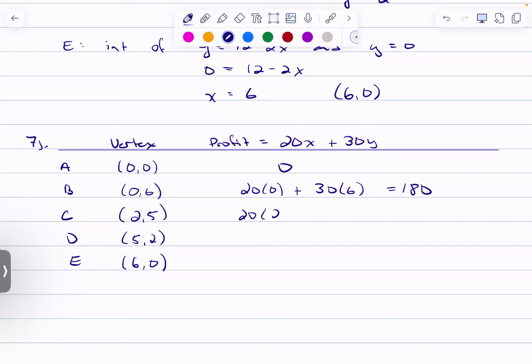How about 20 times 2 plus 30 times 5? 40 plus 150, 190? I know 190 is the answer, so I know it's out there somewhere. 20 times 5 plus 30 times 2. 100 plus 60, 160.